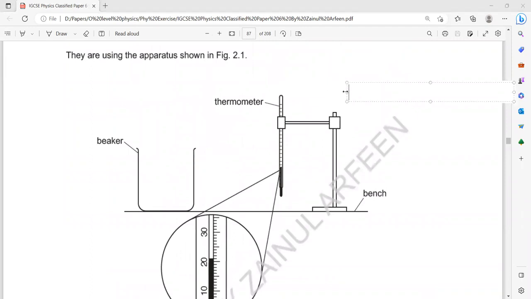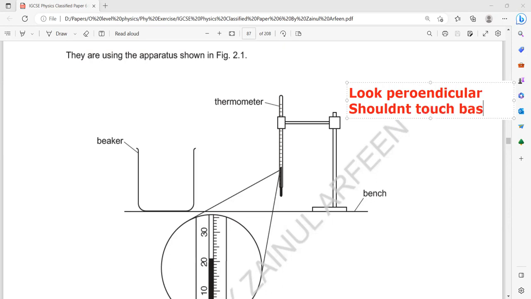Number one, you should avoid a parallax error. If you write look perpendicular, avoid parallax error, that is fine. The thermometer should not touch the base or the wall.